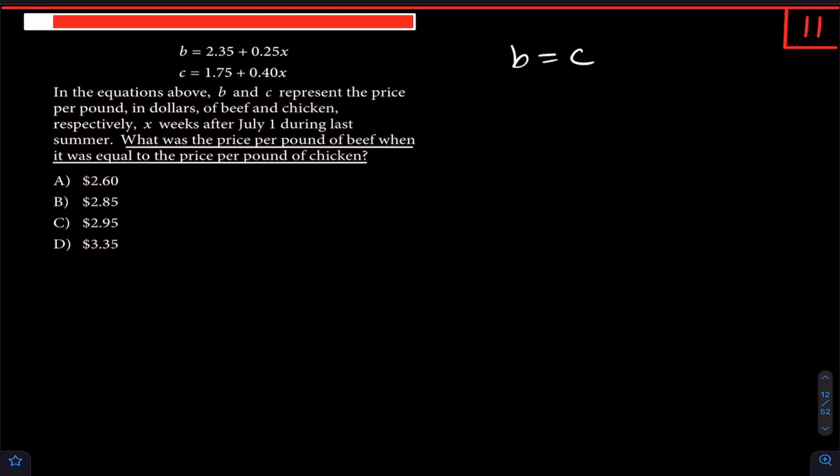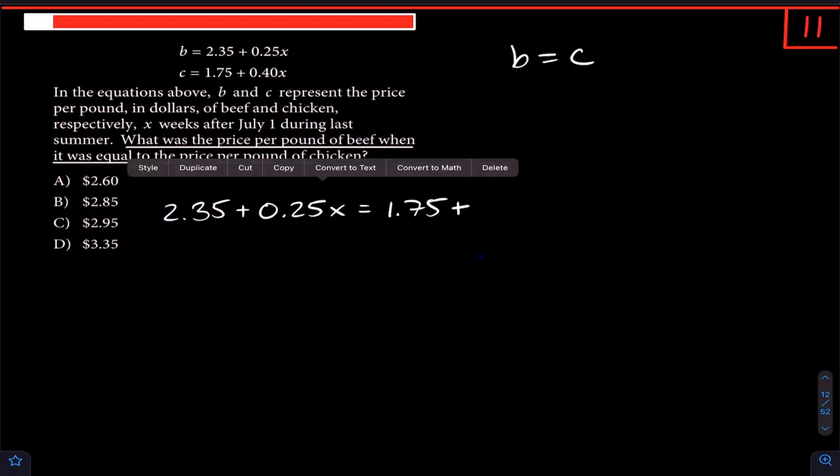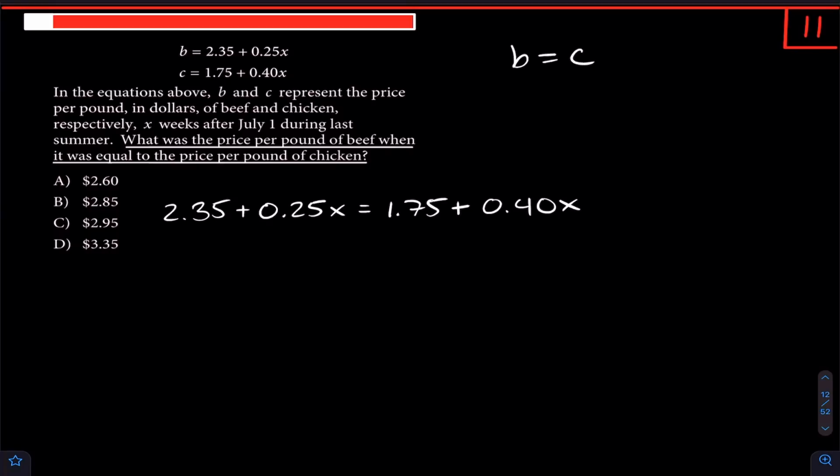So if B is equal to C, let's set these two equal to each other. 2.35 plus 0.25x is equal to 1.75 plus 0.40x. And now we just solve for x.